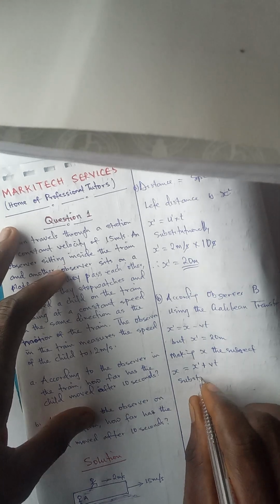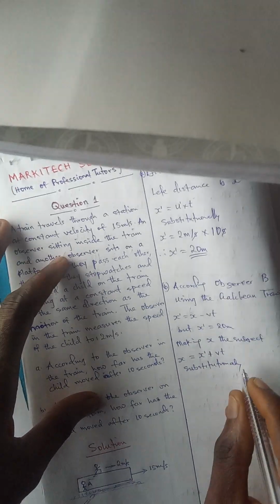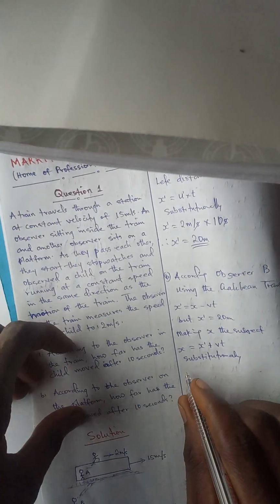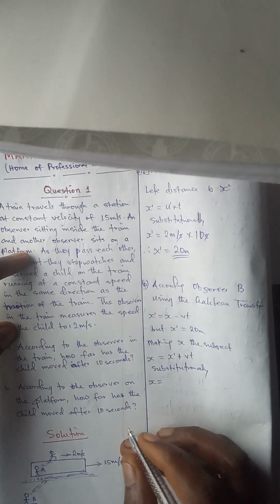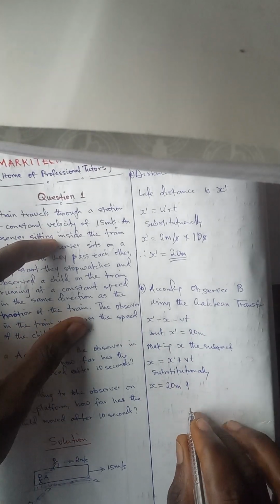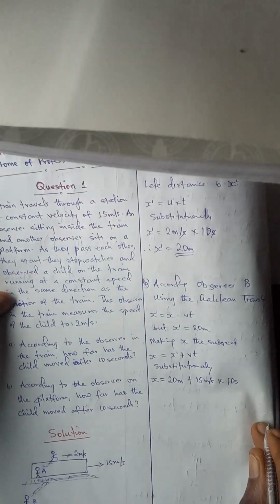Substitutionally, we have that x equals, the value of x prime is given as 20 meters, plus the value of v is given as 15 meters per second times t, 10 seconds.